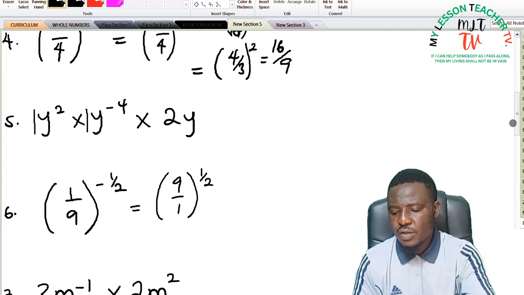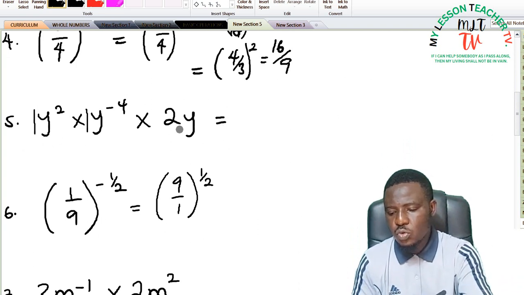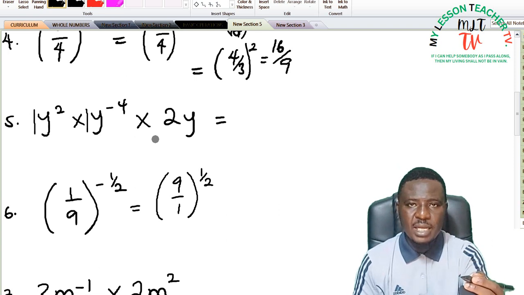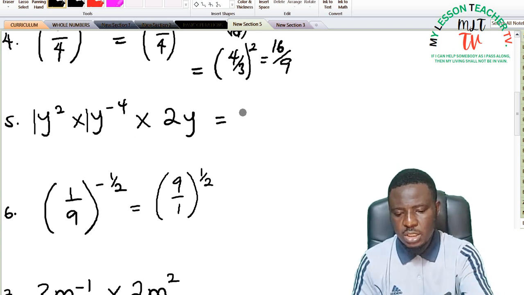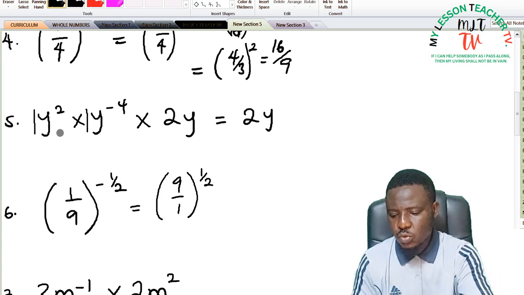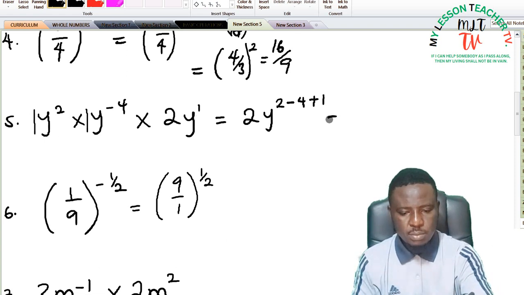Question number 5. You multiply out the coefficients. This is 1y squared times 1y raised to the power of minus 4 times 2y. You also apply the indices law of addition. This is 2y raised to the power of 2 minus 4 plus 1, in the sense that 1 times 1 times 2 is 2, and because the last term has the power of 1.